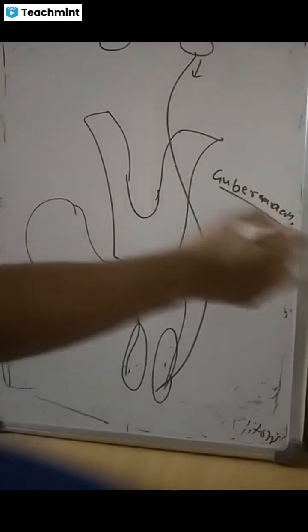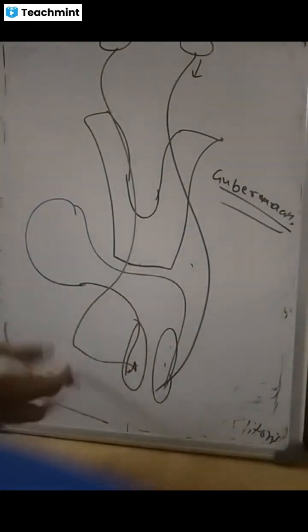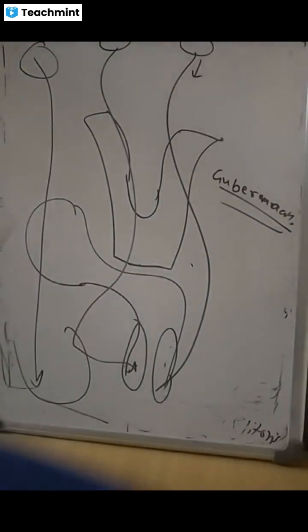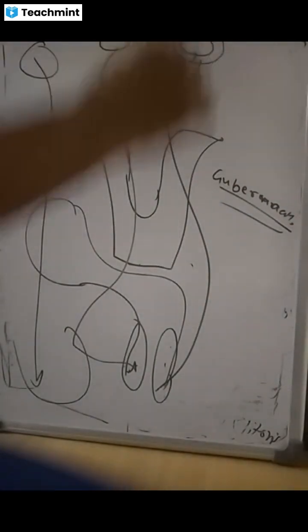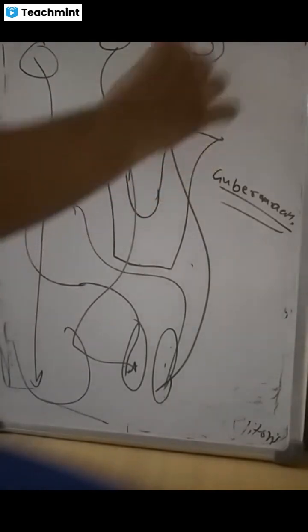The gubernaculum is not like in the scrotum. In case of testes, they come down to the scrotum, but ovaries stop when they reach the uterus.